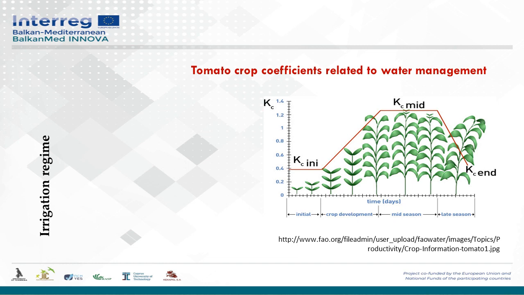The tomato crop is a highly water-demanding species, and it asks for a considerable amount of water during its entire growing cycle.